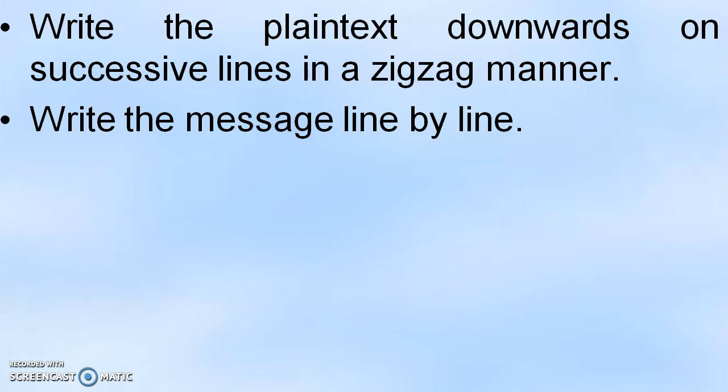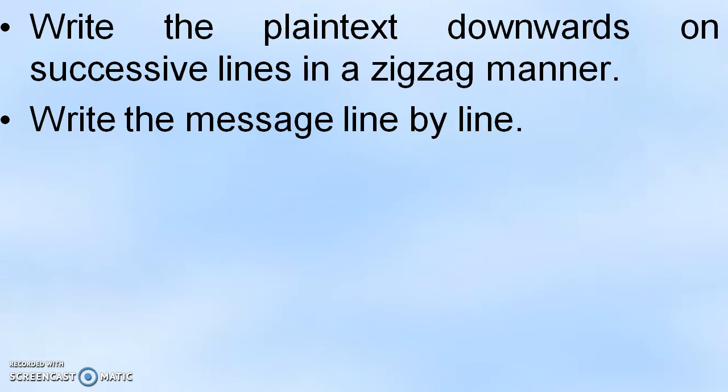After writing this plain text in a zigzag manner, the ciphertext is obtained by writing the message line by line. Okay, that is rail-fence cipher. In rail-fence ciphers, you have to write the plain text downwards in a zigzag manner. After that, the ciphertext is obtained by writing the message line by line.